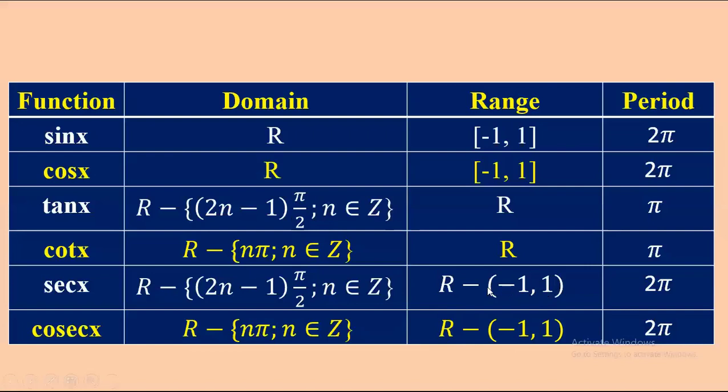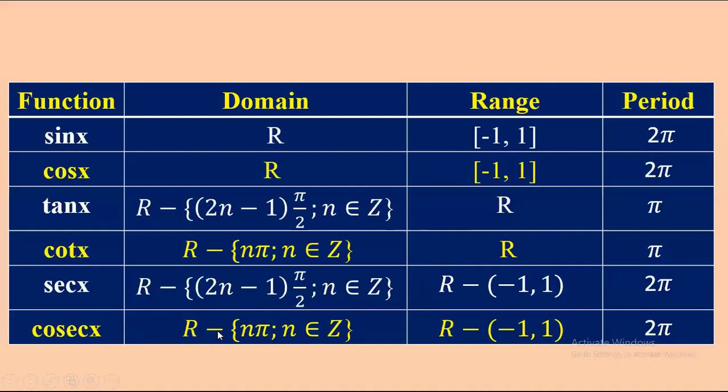You see, it is in round brackets, so minus 1 and 1 are included in R. That is included in the range. And what is the period of sec x? It is 2 pi.